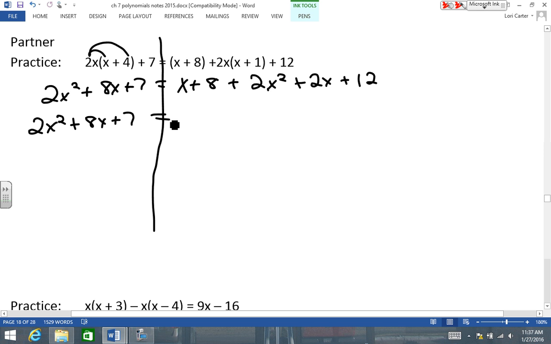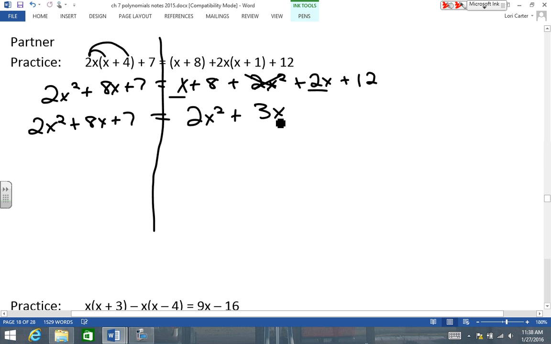The 8 and 12. Okay, first, who's first? The 2x squared. So I write him down. Now who do I combine first? The 2x and the x. What do I get? 3x.